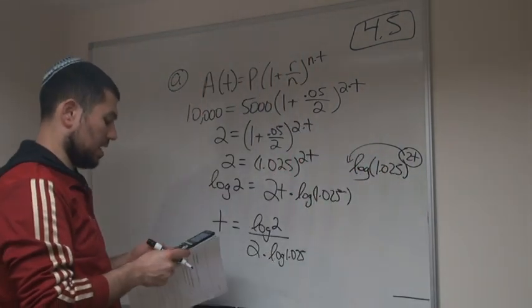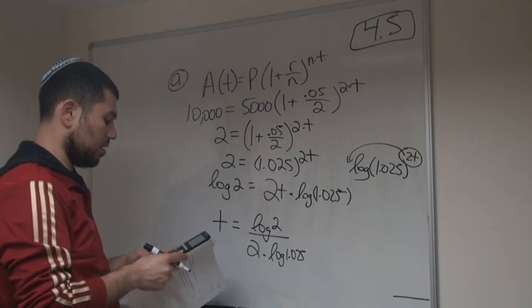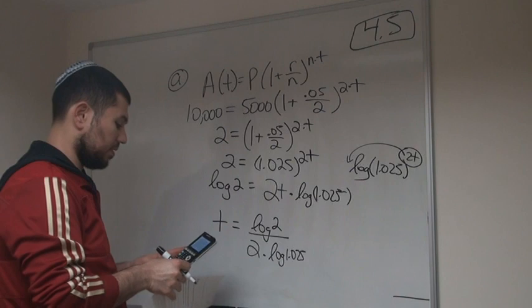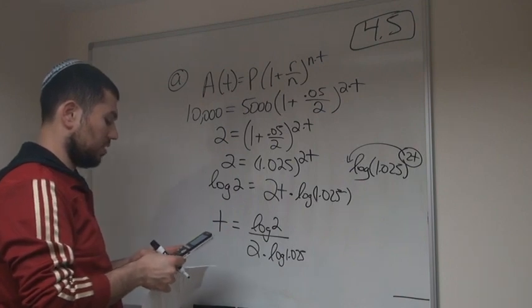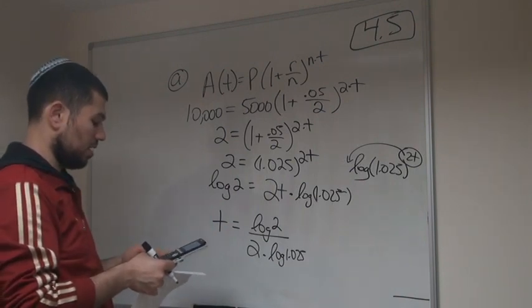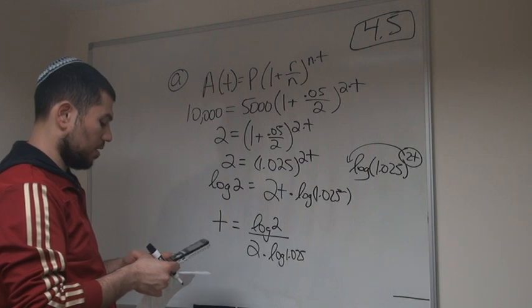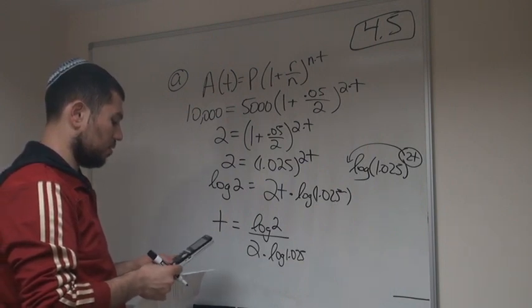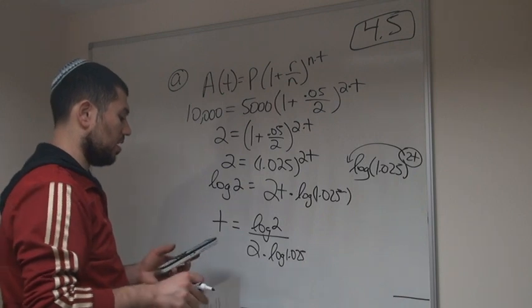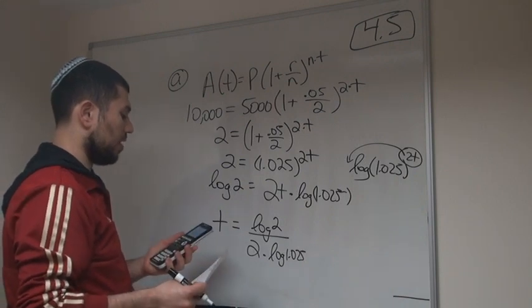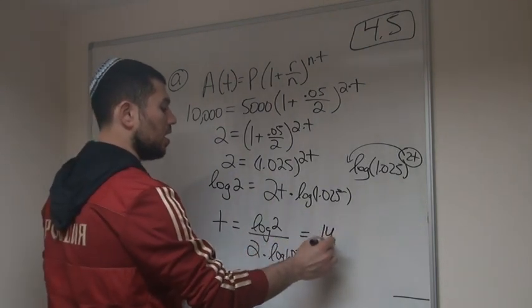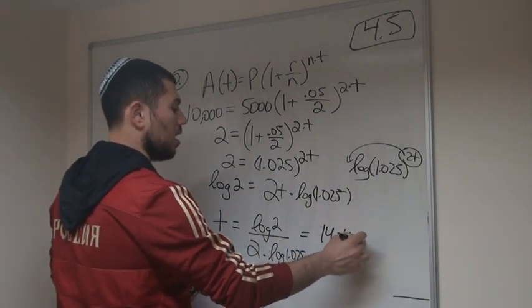And then we take out our calculators. We say log of 2, enter, divided by parentheses 2 times log of 1.025, close double parentheses, and you get 14.04 roughly.